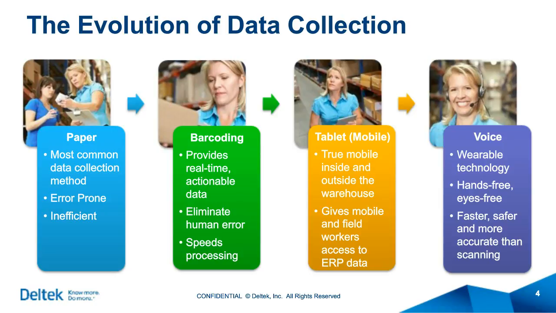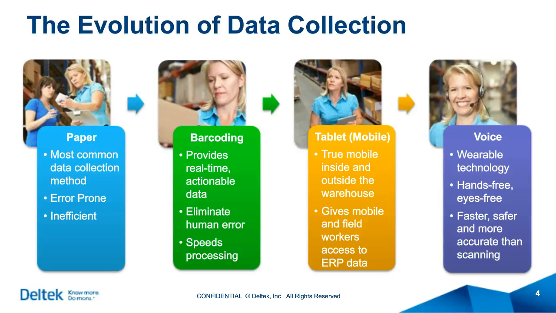You see a lot of people still running these systems because of the unavailability of products that can run within their ERP system. Again, it's very common. It's an error-prone method, and still very prevalent out in the market.